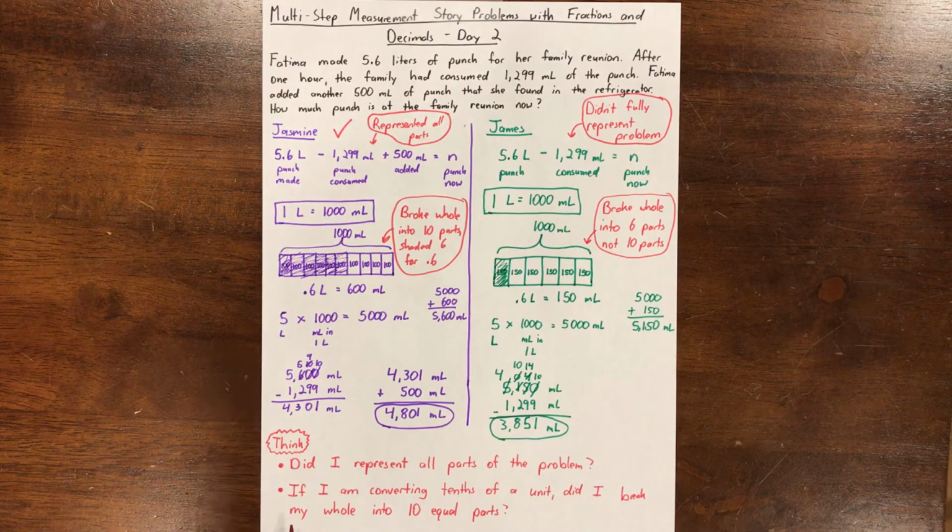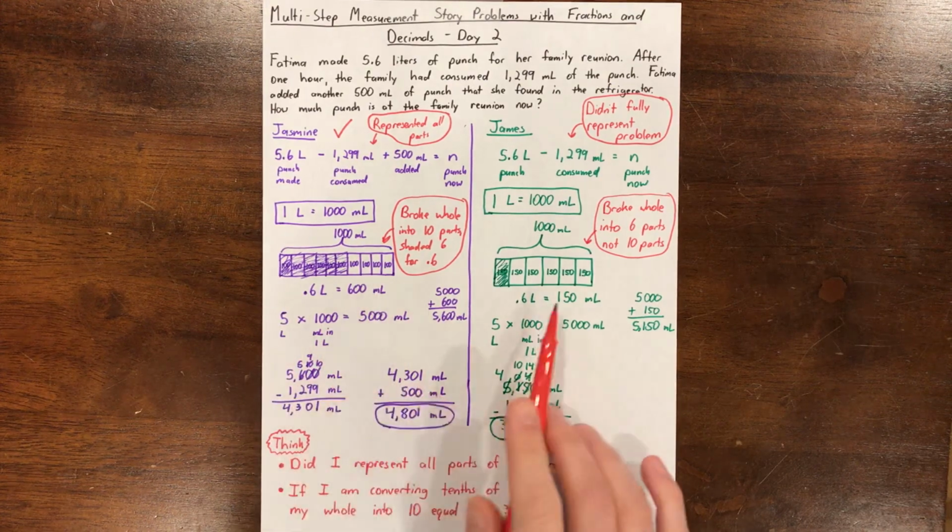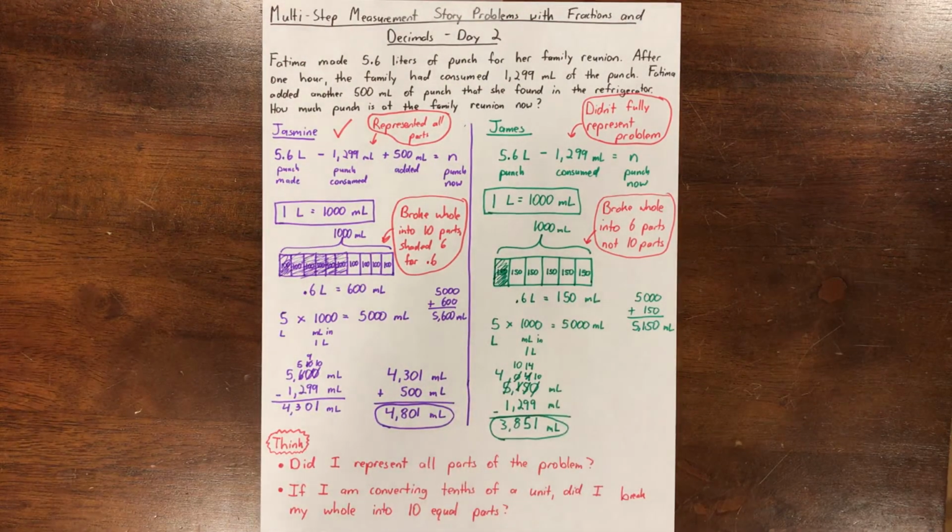So read this with me. If I am converting tenths of a unit, did I break my whole into 10 equal parts? Jasmine did, James did not. All right, keep these things in mind today as you dive into your practice problems.